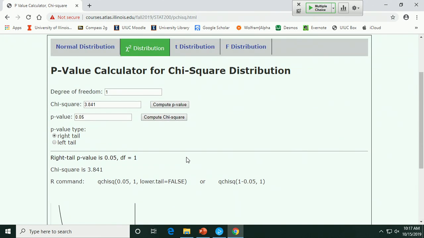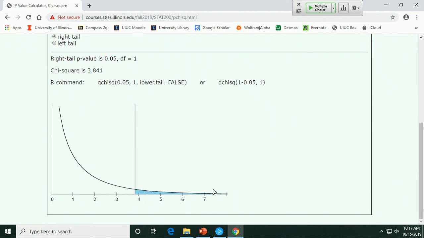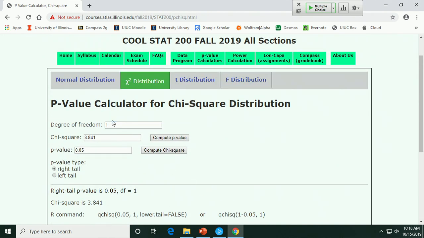Again, let's say you have 100 degrees of freedom. Right now it's very lopsided, but it's going to be symmetrical, and it will be centered at its degrees of freedom. By then it will look symmetrical, and about half the area will be about 100.